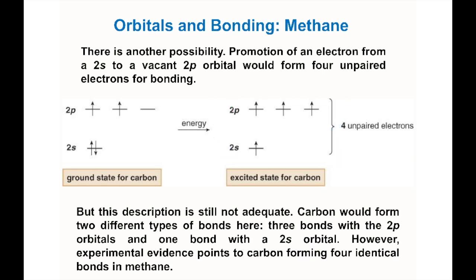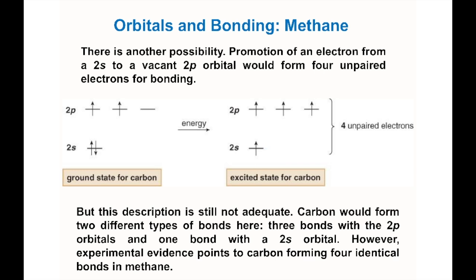But it would be doing it with two different types of orbitals. Moreover, we've already seen that the two p orbitals are at right angles to each other. They're orthogonal. And the s orbital is spherical. We know methane doesn't look like that. It doesn't have its hydrogen atoms at right angles to each other, and it doesn't have one of those hydrogens roaming around a spherically symmetrical orbital.